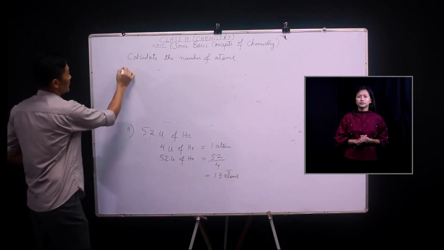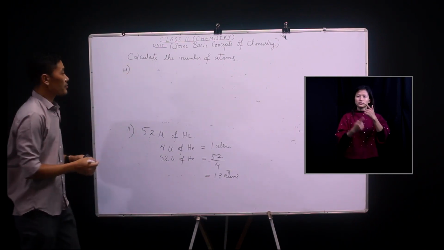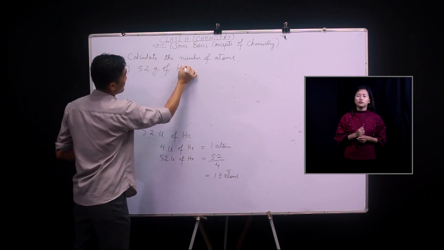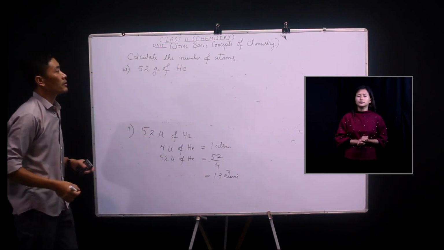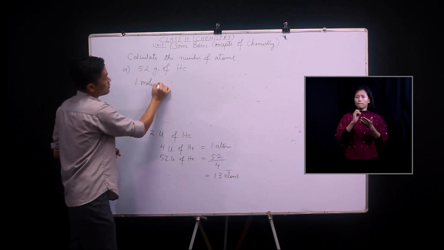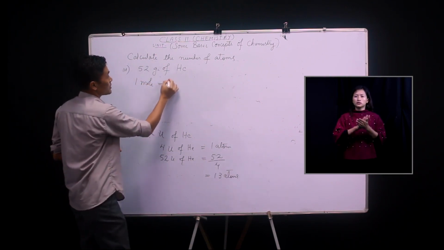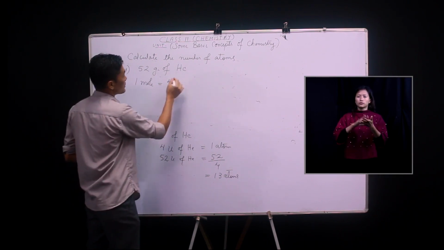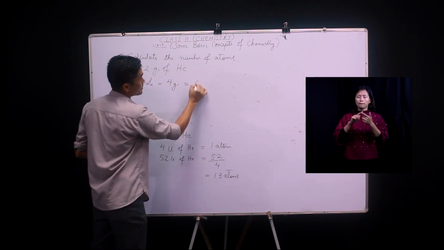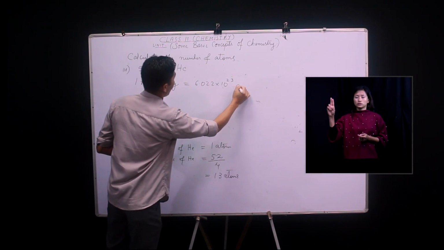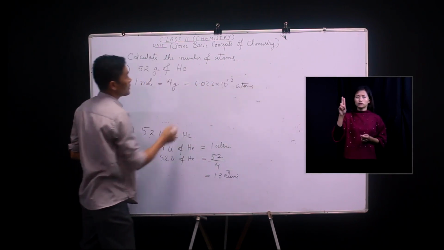Then finally, if we are asked to calculate the number of atoms in 52 grams of helium. Now, 1 mole of helium is equal to 4 grams. And this 1 mole will contain 6.022 into 10 to the power 23 atoms of helium.